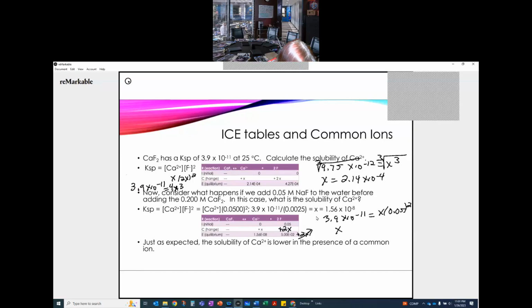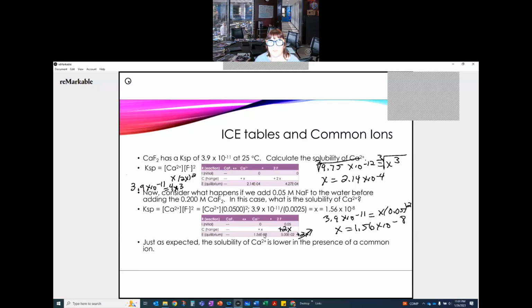That gives me x equal to 1.56 times 10 to the minus 8th, which is the number in that table. And if you look, we're talking about a difference between 2.14 times 10 to the minus 4th and 1.56 times 10 to the minus 8th. That concentration is hugely different.